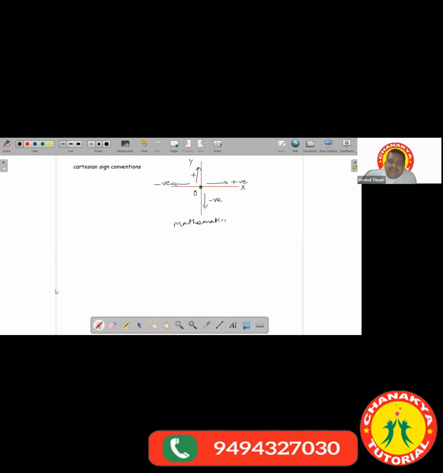So I told you that these sign conventions will be applied everywhere. In physics also, we apply the same sign convention with just one liberty. It's not necessary that you take the right side as positive.